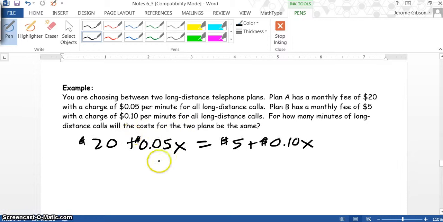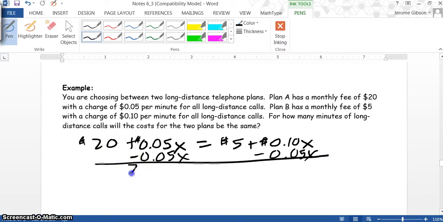Now we would solve for x. So we would subtract 0.05x on both sides. We will have $20 is equal to $5 plus 0.05x.